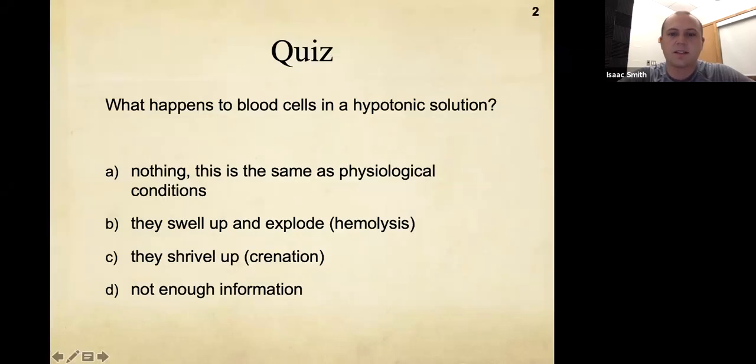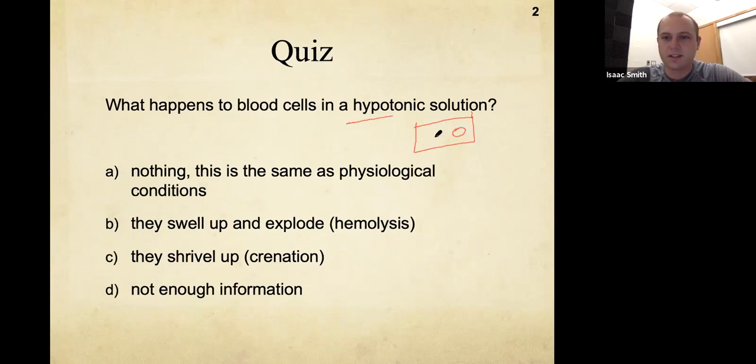Okay, let's go ahead and start out with this review quiz from the last lecture. The question says, what happens to blood cells in a hypotonic solution? Remember, hypo should signify less. So that would say that you would have a less concentrated solution outside your blood cell.